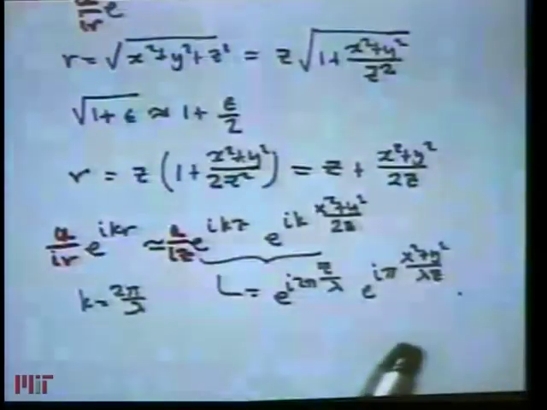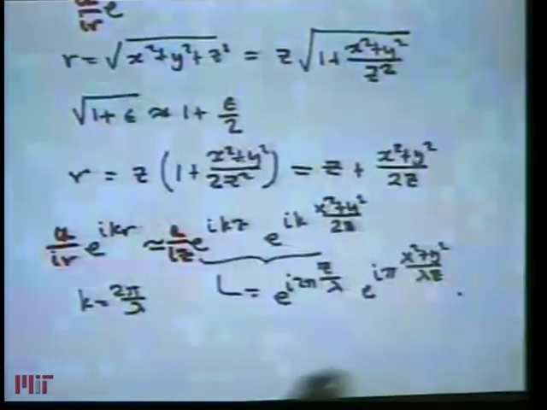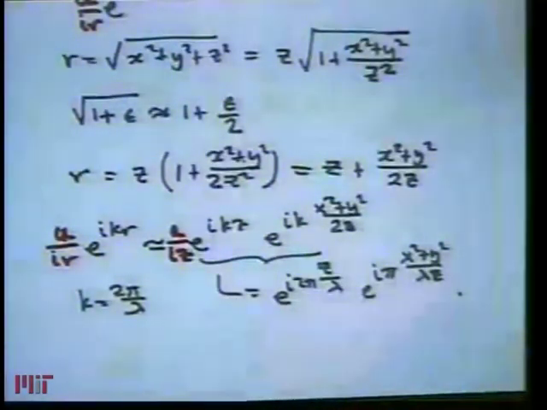That's why I have to keep a better approximation inside the exponential than I can afford to keep outside. So with the phase, I have to be much more accurate in order to make sure that I don't make a big error in the phase delay. And that's because the cosine varies very rapidly. As you increase R, the cosine is oscillating. But 1 over R is what we call a slowly varying function of R, and therefore we can afford to be sloppier with it, if you wish.